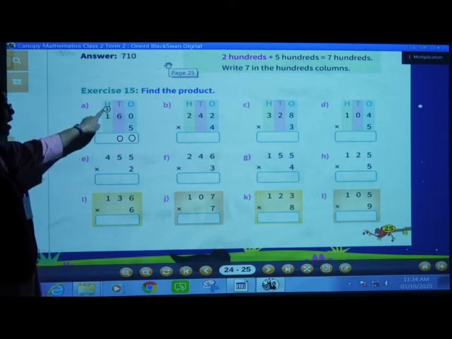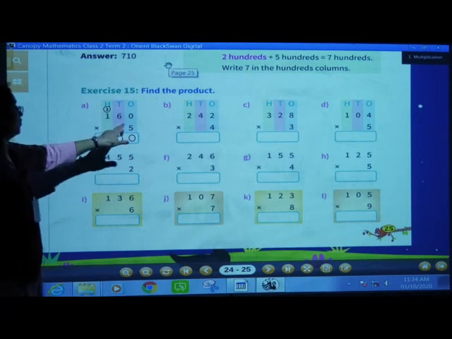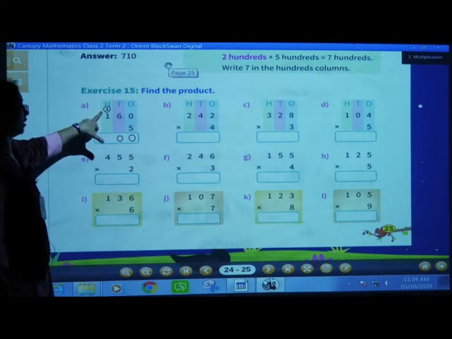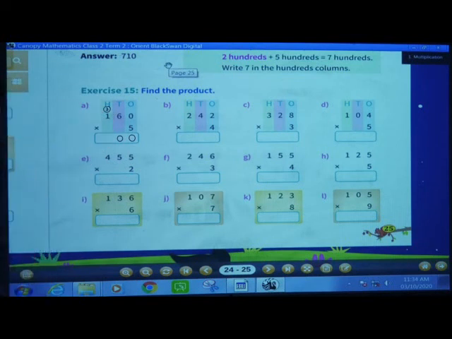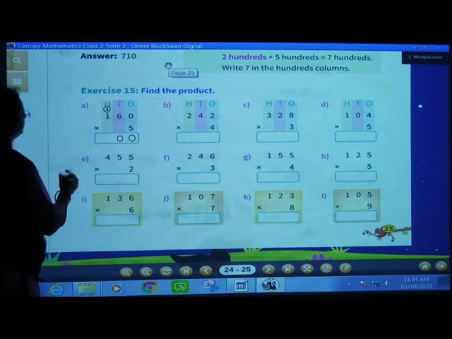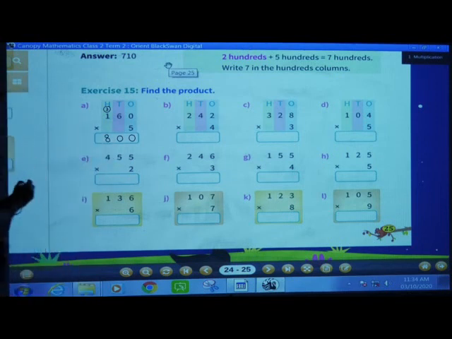Plus we have to add this 3. 5 hundreds plus 300. What comes? After 5, you count 3 fingers: 6, 7, 8. Correct?